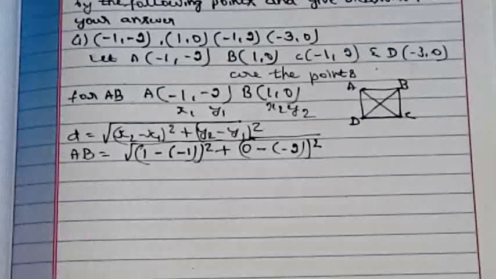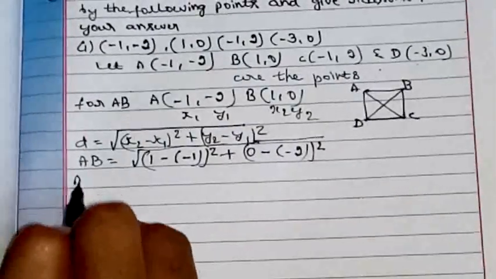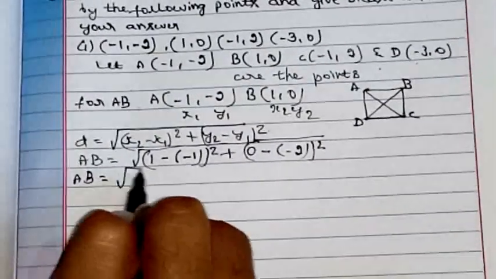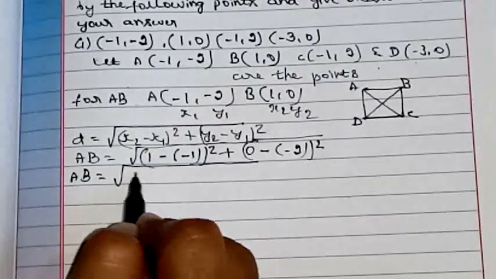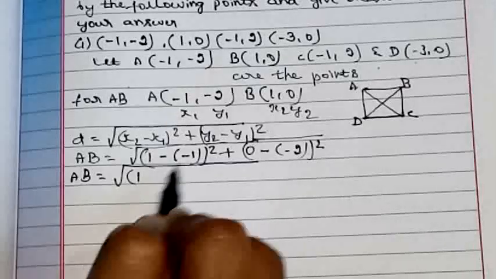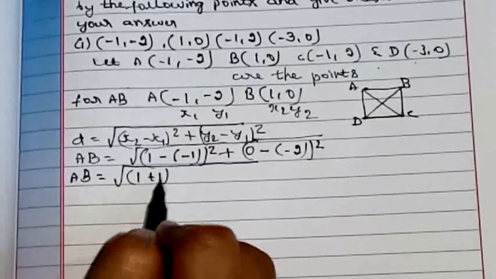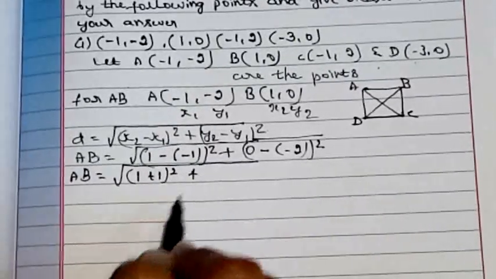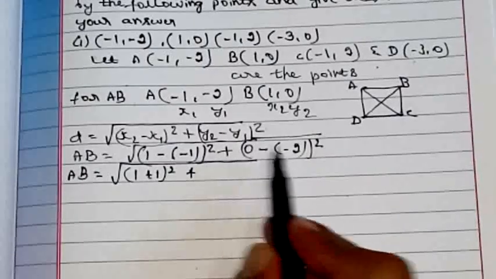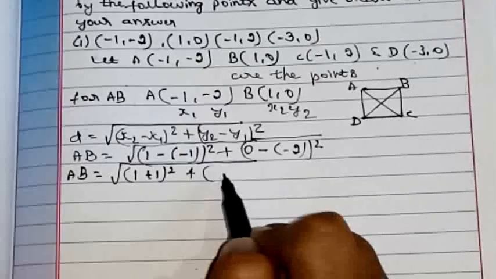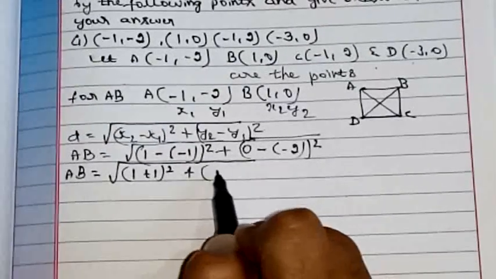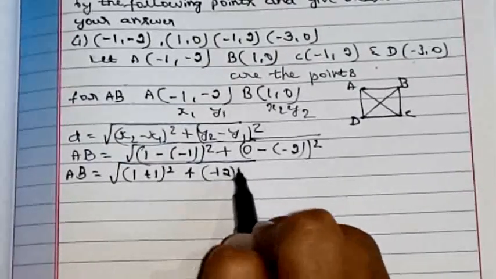Now simplify this. So AB is equal to square root of, you need to open the bracket first, so write down 1 as it is, minus into minus is plus 1 whole square plus, if you subtract from 0 the same number will come, so minus into minus is plus 2 whole square.